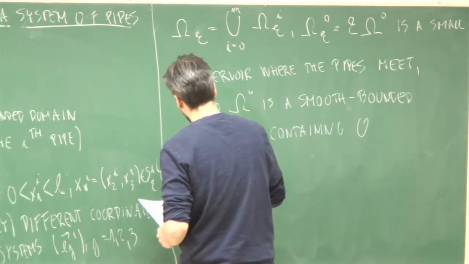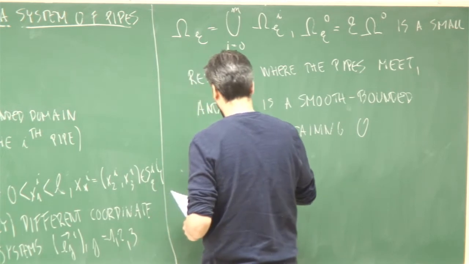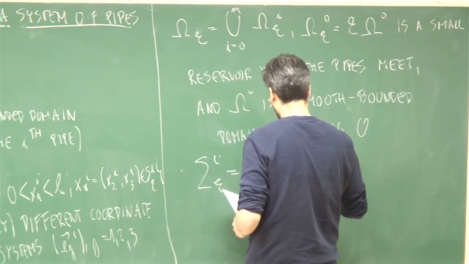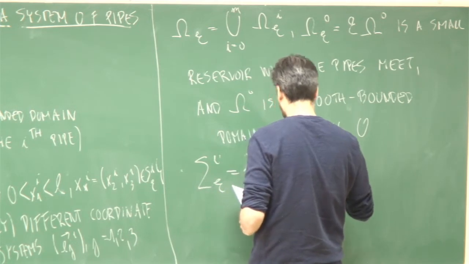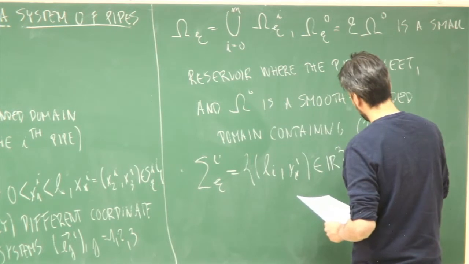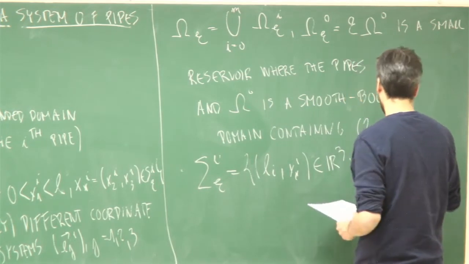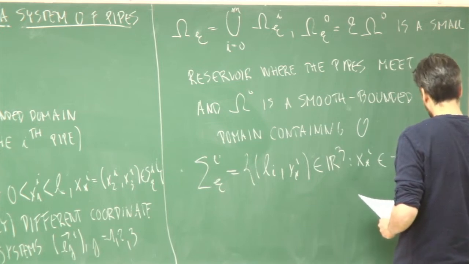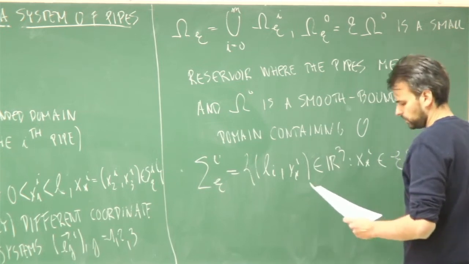Sigma epsilon i will be the ends of the pipe, so x star i from R3, where x1i is L_i and x star i is in epsilon S i, i is 1 to m.